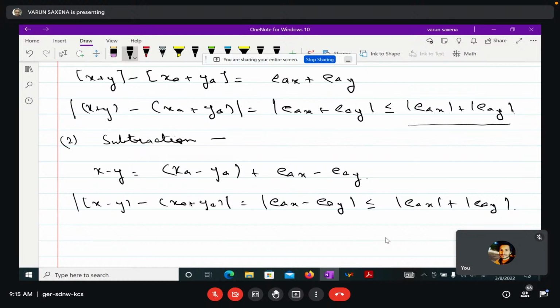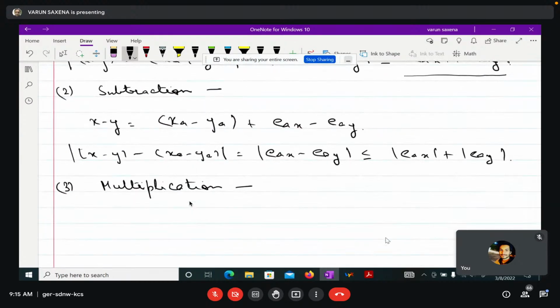If you look at multiplication, you're multiplying quantities straight away. So basically, suppose you multiply the x approximate value with the y approximate value.